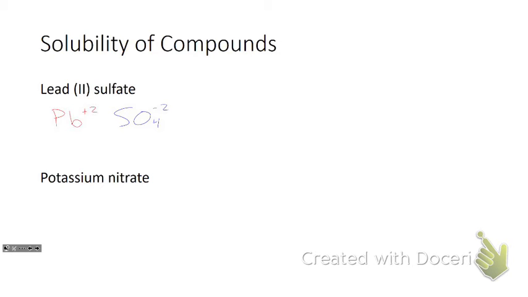So let's go down that column and we'll see that most things are soluble. As long as it's not in the low solubility category, it will be soluble. But now we need to go through the low solubility list. We have silver plus, and then I see the second one down is the lead plus 2. It has low solubility, so we will say that this is a solid because it will precipitate.